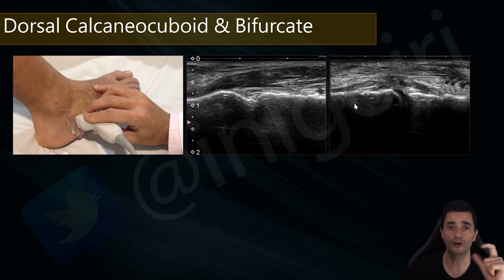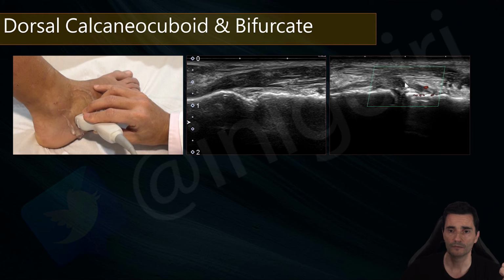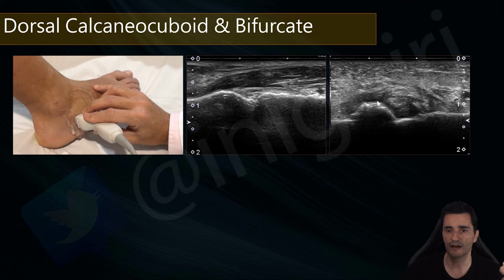And sometimes we have the opposite. Here, a big affection of the bone. Okay, so if you have this image, maybe you better ask for a computed axial tomography, a scan, because it's very important to check the integrity of the joint between the calcaneus and the cuboid bone.